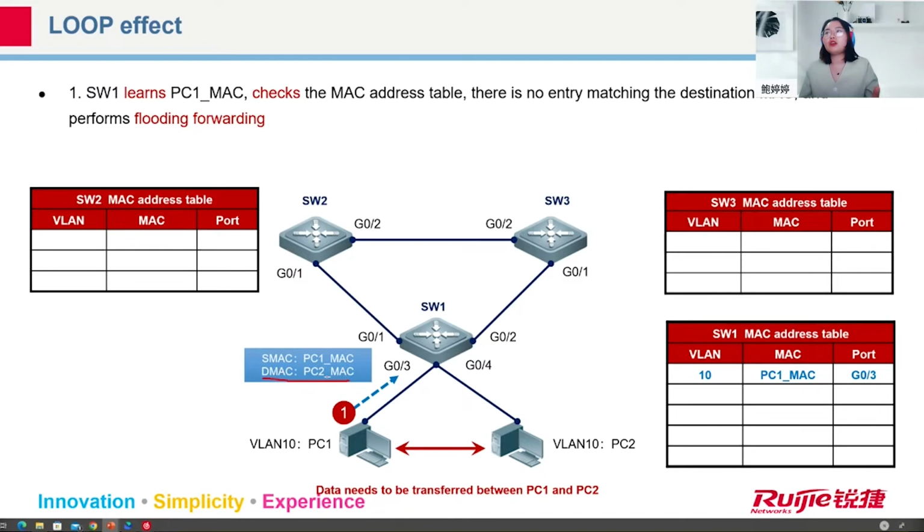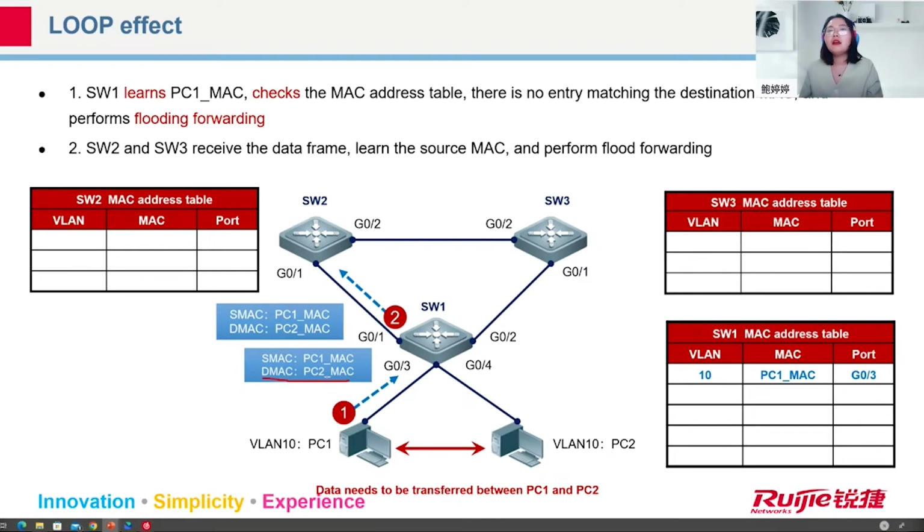That means this message is an unknown unicast packet. For an unknown message, we will directly flood it. So switch 1 will send the message out, including interface 1 and interface 2, right?